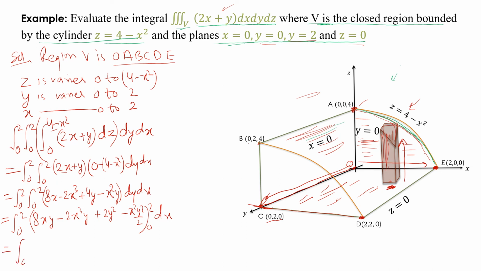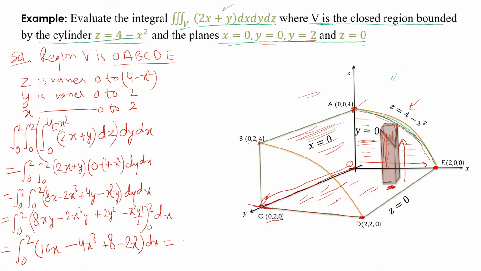So we get the integral from 0 to 2 of 16x minus 4x cube plus 8 minus 2x square. Now take the integration with respect to x and apply the limit.